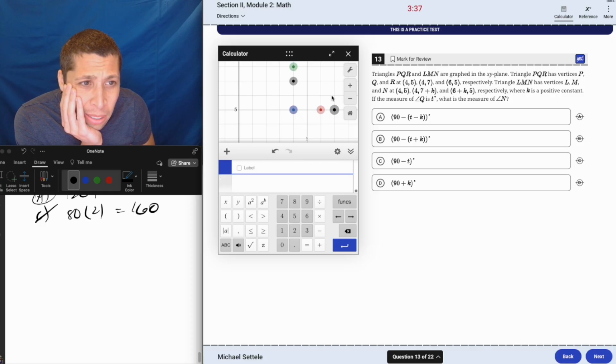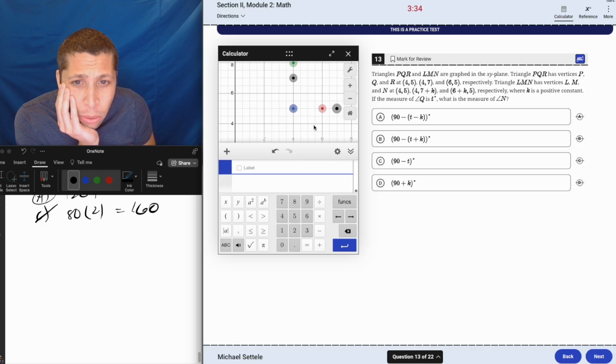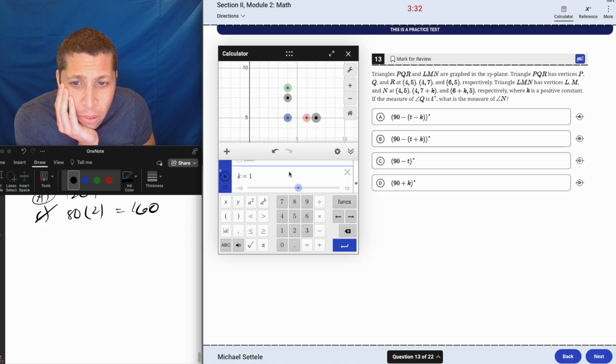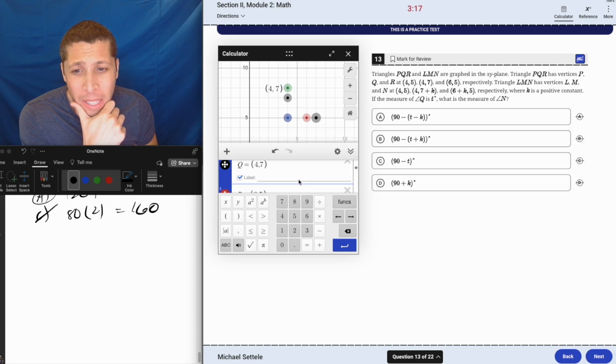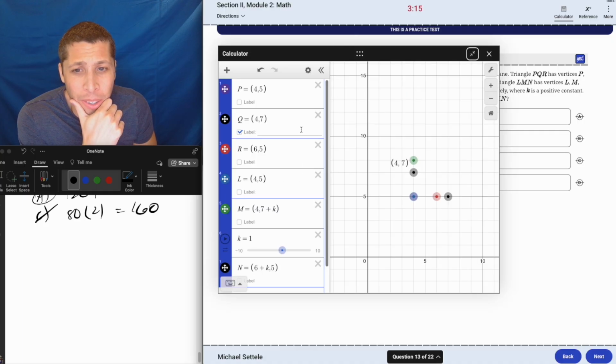Okay. So angle Q is up here. The measure of angle Q, which is connecting with P and R, okay, so it's like that, 4, 5, 4, 7, 6, 5.